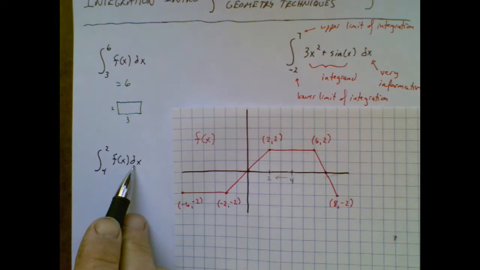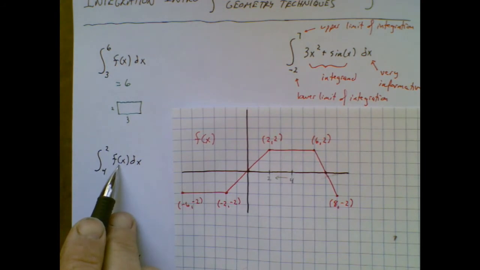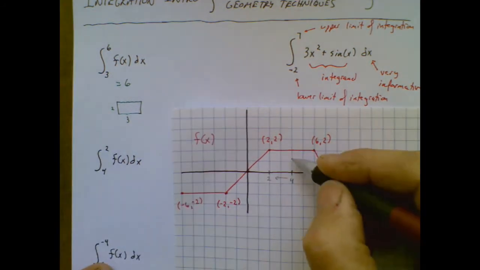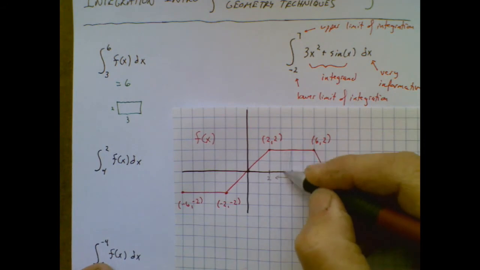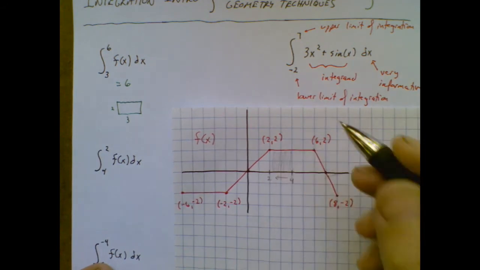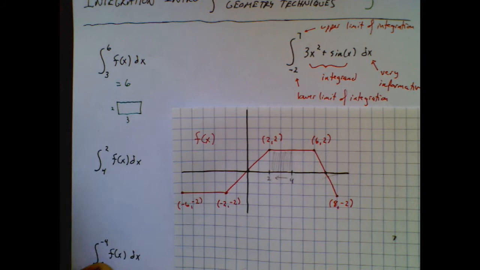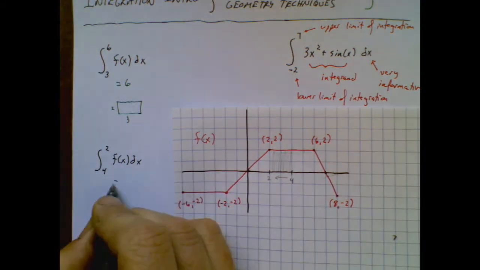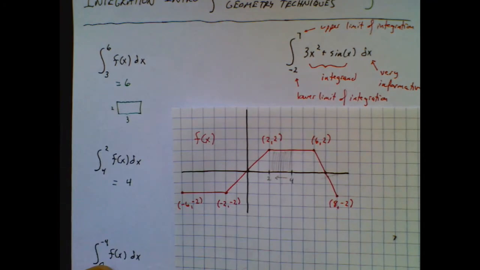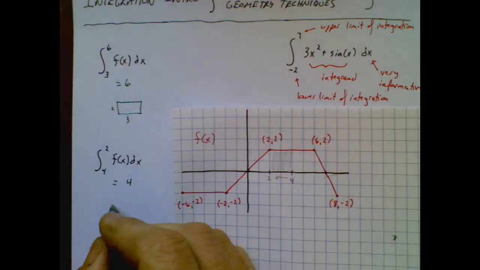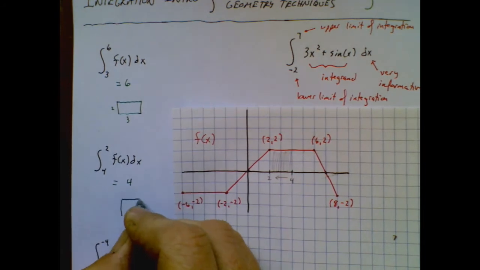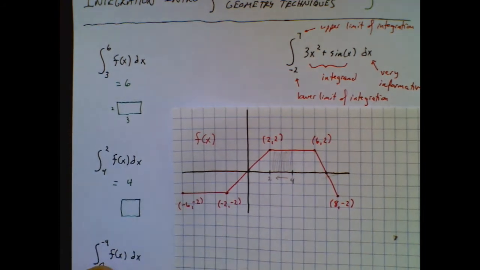I'm still traveling along the x-axis, and I'm finding area trapped between f of x and the x-axis. So there is my trapped area, and so you would think that the answer is 4 because you count 4 boxes, or you have a square that's 2 by 2. But it's a little bit more intricate than that.